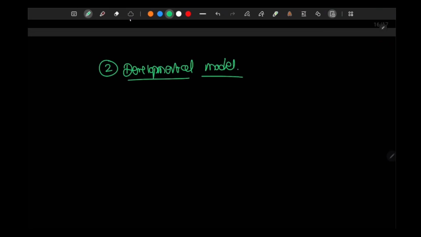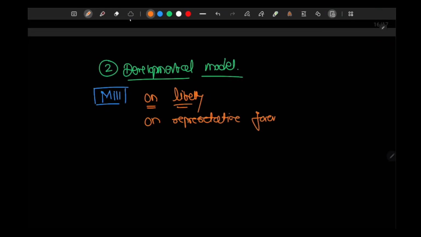Developmental model. In the developmental model, we will understand the views of Mill. What Mill says, if you remember, in his book On Liberty and on Representative Government, the most important value for Mill is freedom of speech and expression.